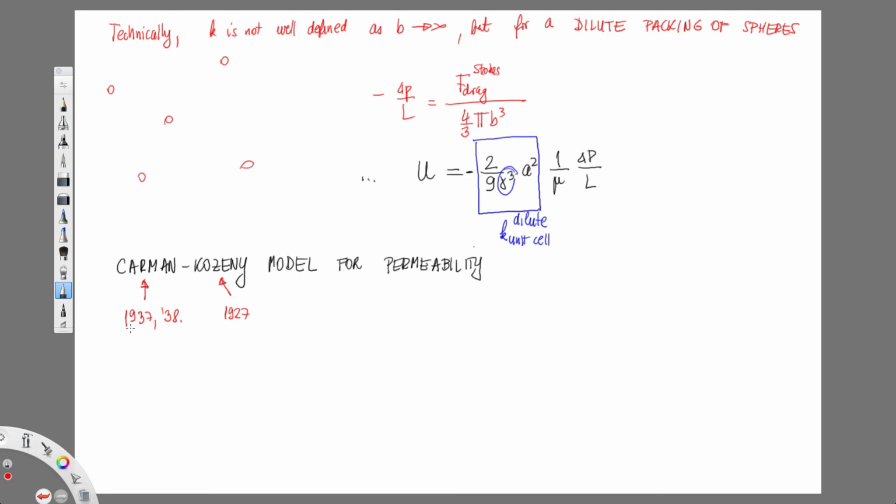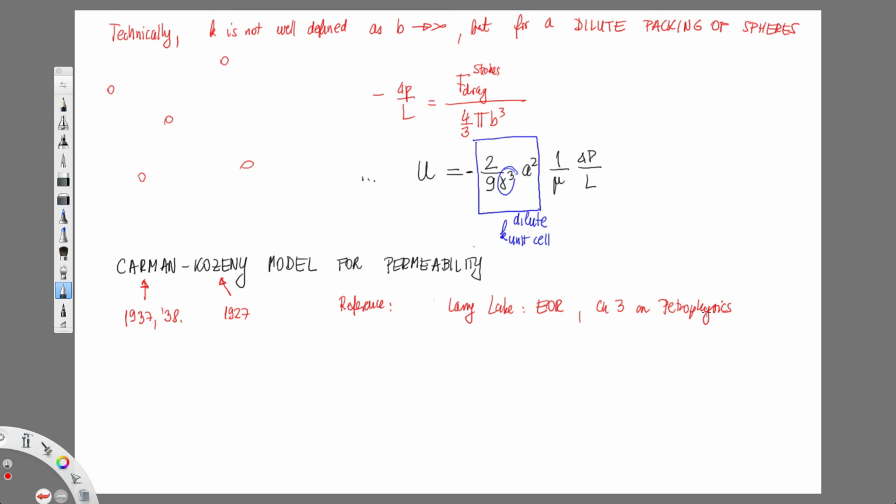The approach that I'm going to describe here is a combination of their works, and for reference, you can go to Larry Lake's Enhanced Oil Recovery book, and there is a chapter 3 on petrophysics. So if you need a reference, that's where you can find it.